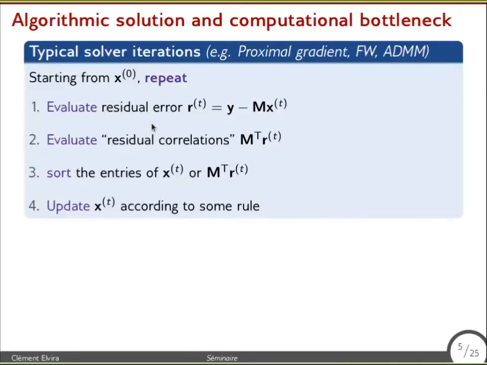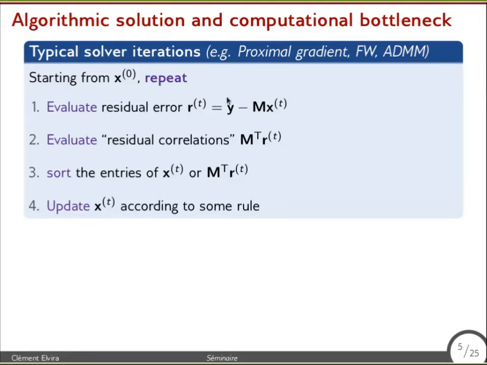Now if I want to solve this optimization problem, there are many existing algorithms such as proximal gradient, conditional gradient, ADMM, and so on. Most of them, if not all of them, share the following structure. Starting from some iterate x of 0, an initialization point, I repeat a sequence of steps which are more or less similar for all algorithms.